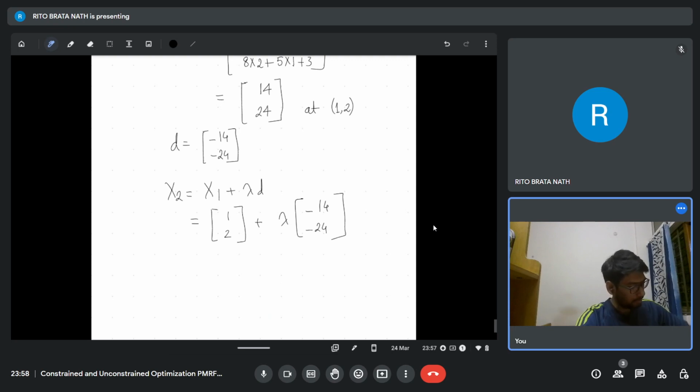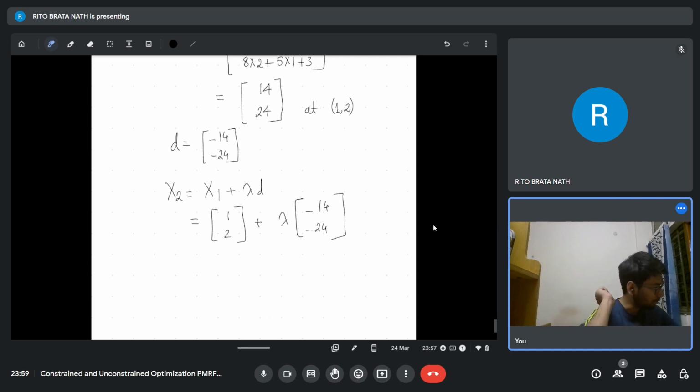A value is dependent on this. So 3x1 squared, so this term will be 6. Then 4x2 squared, so that term will be 8. And then you have x1, x2 terms, so that's 5x1, x2.